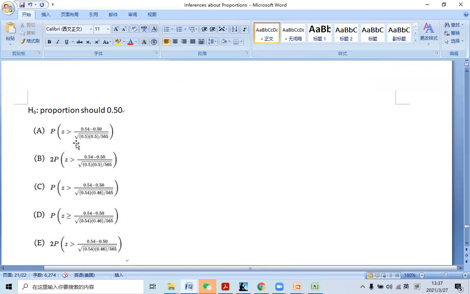The differentiator is below, in the denominator. Which one is a good denominator? In the denominator, you should have the estimated standard deviation, or the standard error. And this standard error is based on the null hypothesis. So the null hypothesis is 50-50, 0.5. And this is the one that gives you the right estimate.